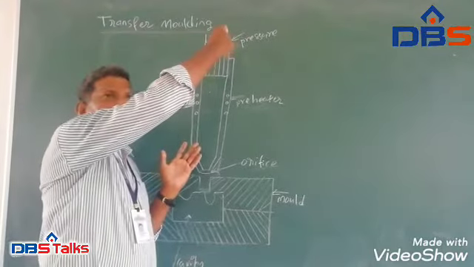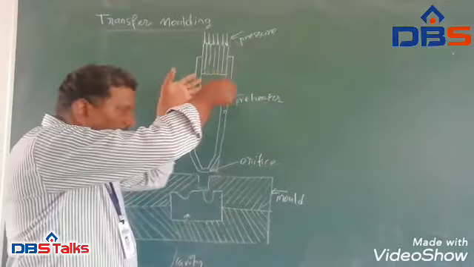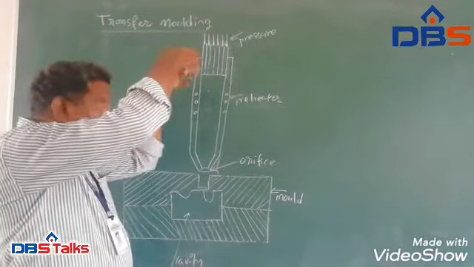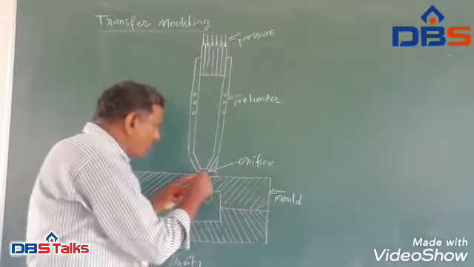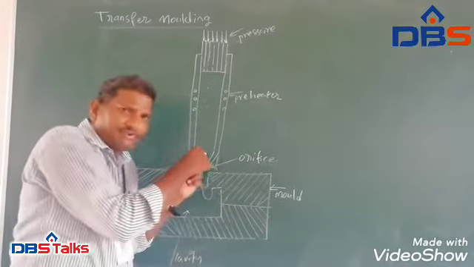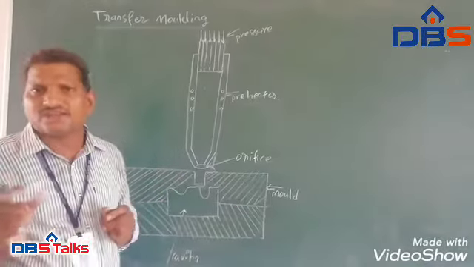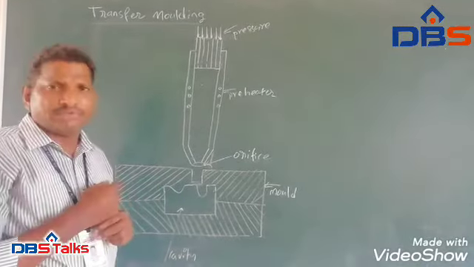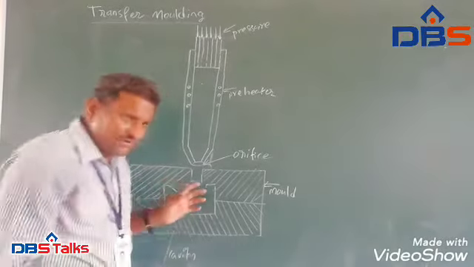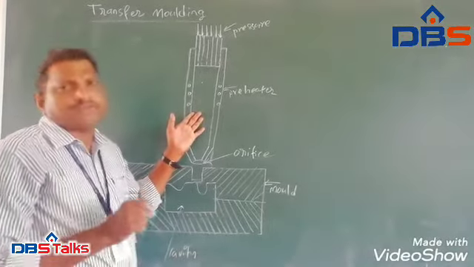When it reaches the certain temperature, by using a device like a plunger or a piston, the plastic will be forced to pass through this small orifice. As this liquid plastic is passing through this small orifice, due to friction, some amount of heat will be generated. This heat will also help the plastic to melt properly.